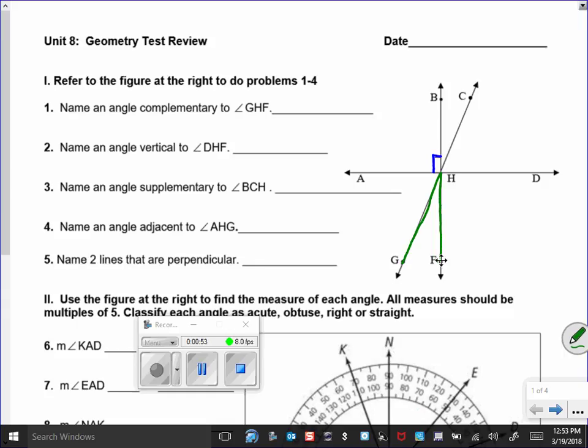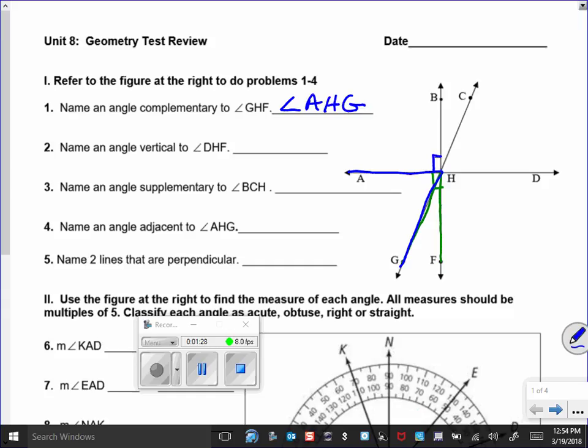If this angle here is a 90-degree angle, we also know that this angle here is going to be 90 degrees. So angle GHF is going to be complementary with angle AHG, because these 2 angles add up to be 90 degrees. So my answer here will be angle AHG.